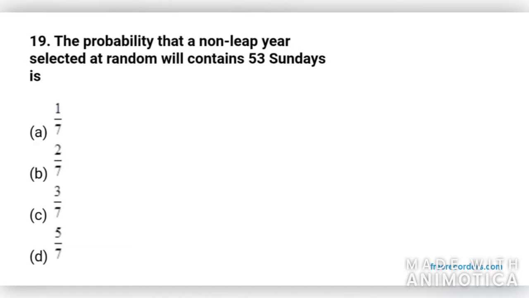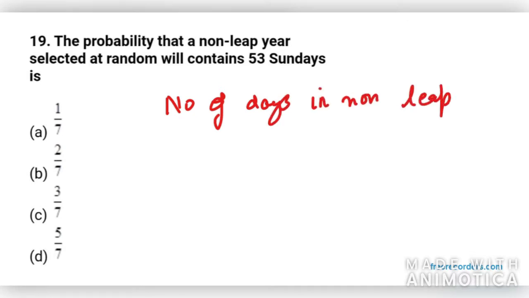The probability that a non-leap year selected at random will contain 53 Sundays is. Now, the number of days in a non-leap year is 365.